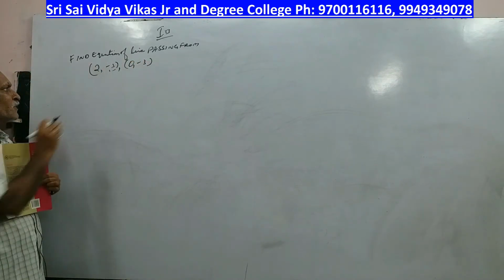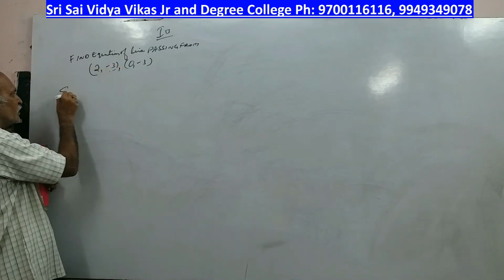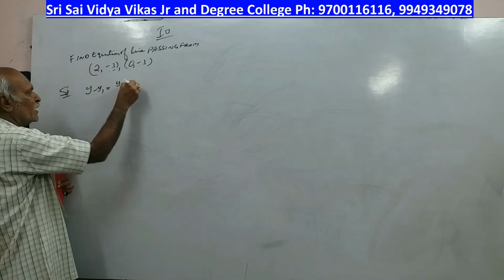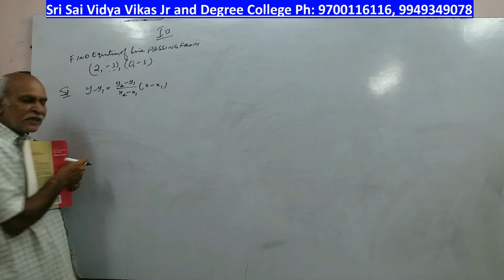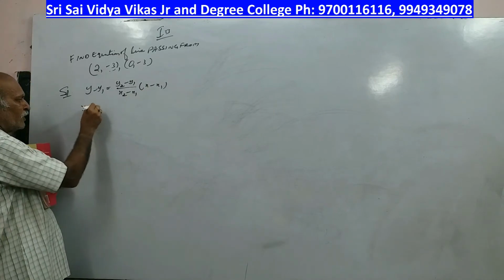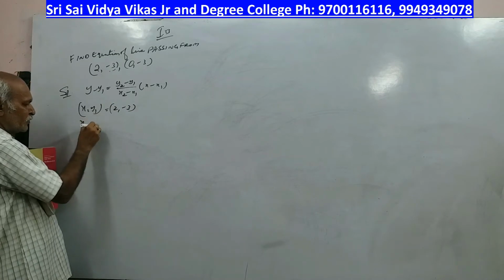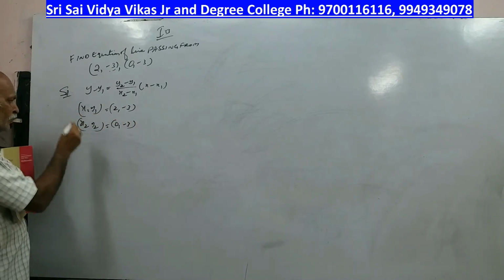So 2 comma minus 3, 0 comma minus 3. Solution. Formula: y minus y1 is equal to y2 minus y1 by x2 minus x1, x minus x1. Okay, x1 y1, 2 comma minus 3. What is x2 y2? 0 comma minus 3. Okay, now put the values.